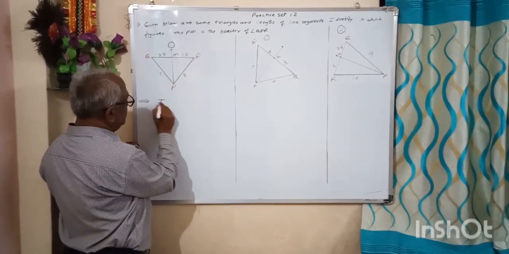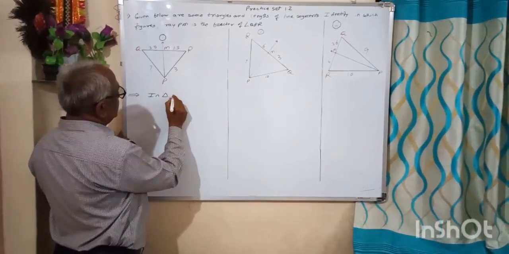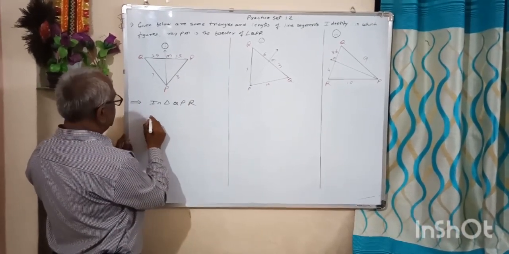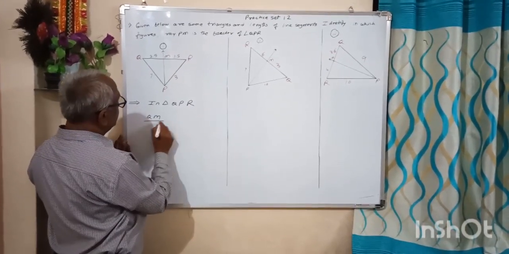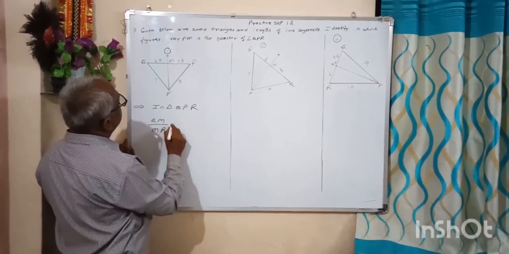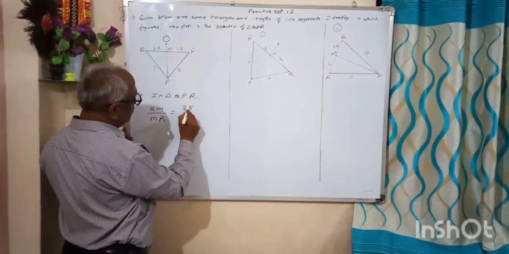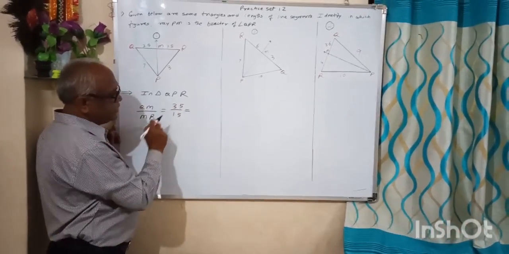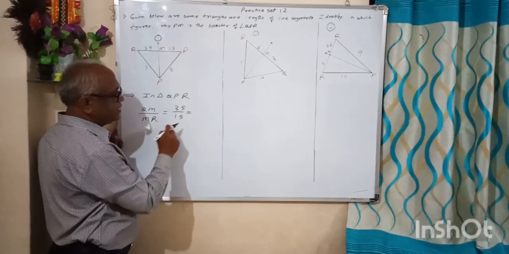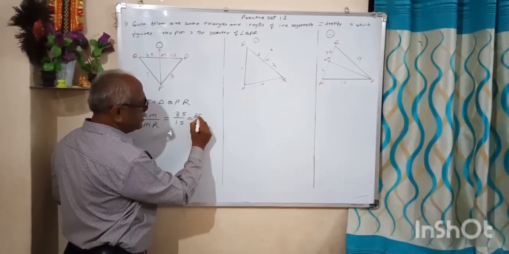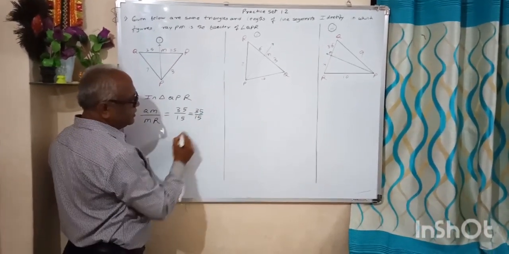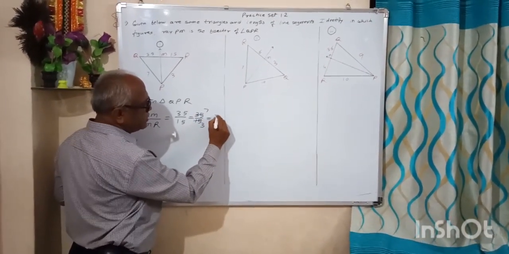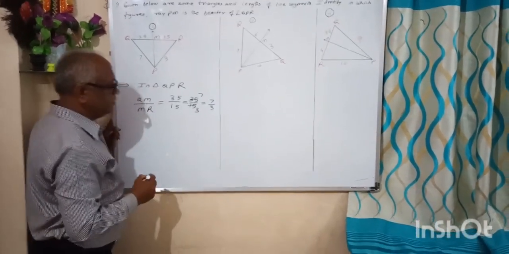Now here in triangle QPR, QM upon MR is equal to 3.5 upon 1.5. Here, after one digit the point is there, so the point is cancelled and it becomes 35 upon 15. 5 3s are 15, 5 7s are 35, which is equal to 7 upon 3.